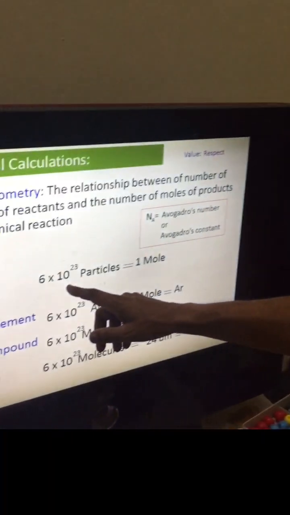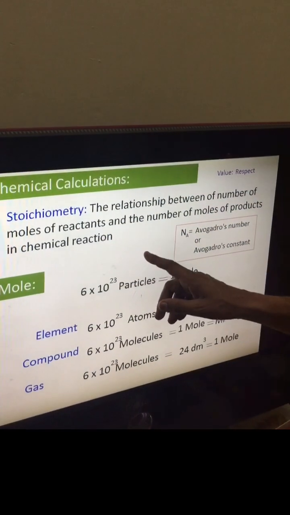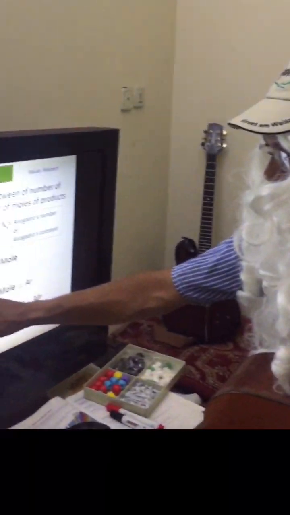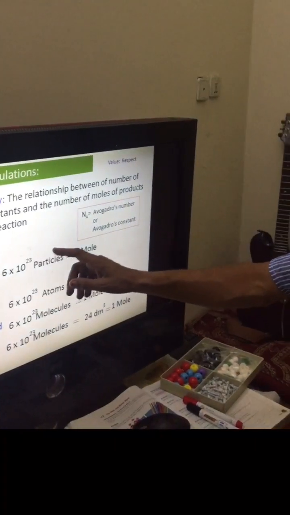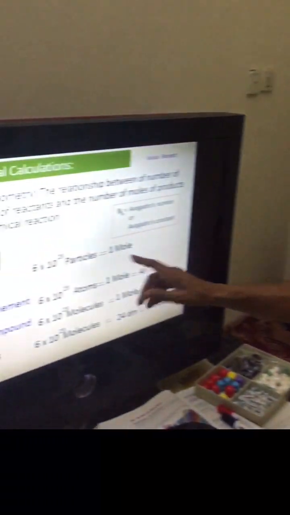But if you are having 6 × 10^23 things or particles, that is equal to 1 mole. So 6 × 10^23 is a big number, a 6 followed by 23 zeros. That is equal to 1 mole.